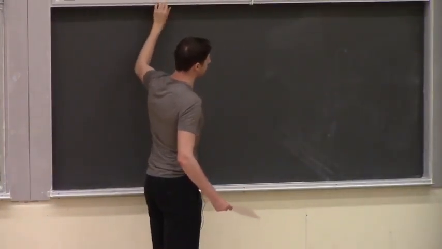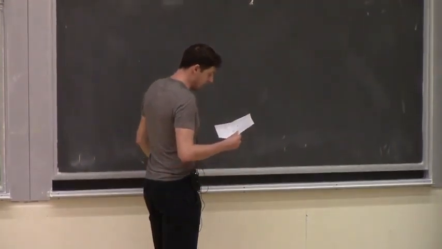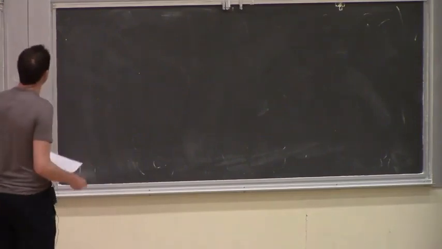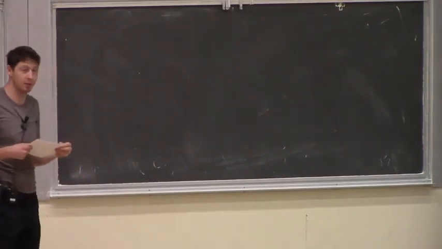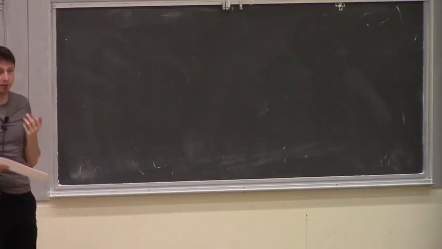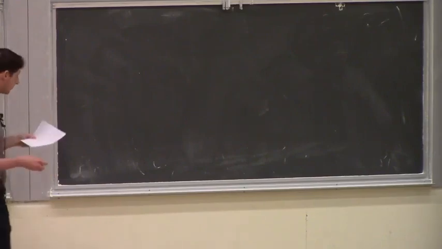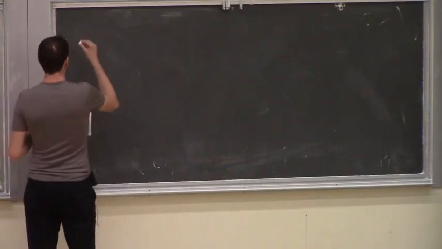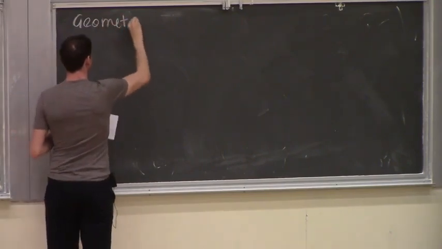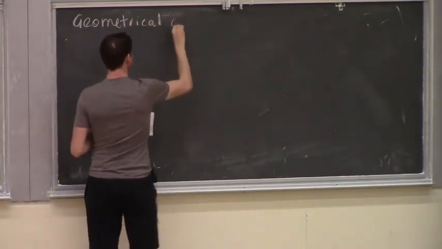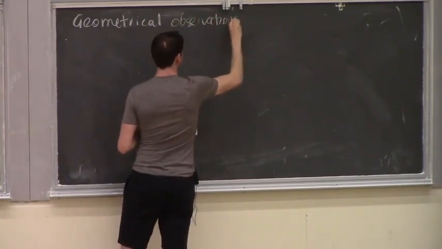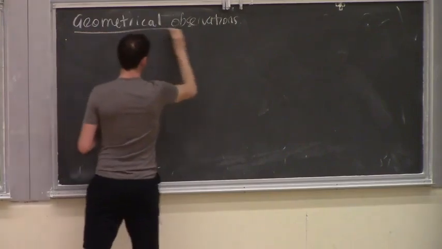And now let's take a step back, and I want to try to argue some properties about the set of feasible solutions, so that once we learn these properties, we can formulate some strategy to tackle the problem in general. So, let's call them geometrical observations.